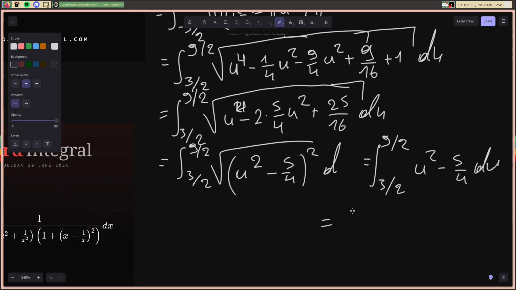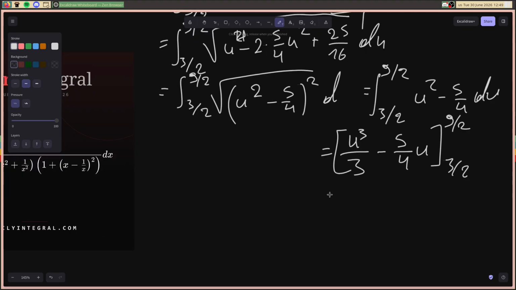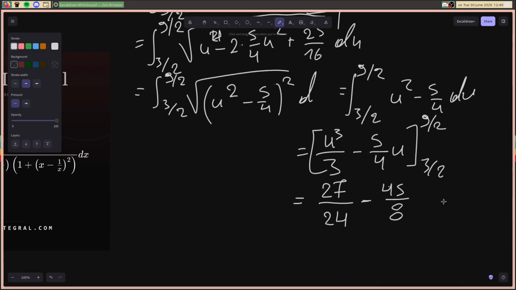Meaning that this ends up as u to the third over 3 minus 5 over 4 u evaluated from 3 over 2 to 9 over 2. And so we end up with 27 over 24 minus 5 times 9 is 45 over 8 minus... no, I made a mistake here. This is not 27.